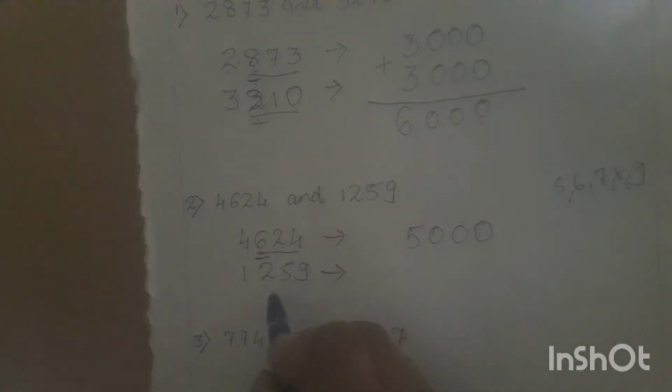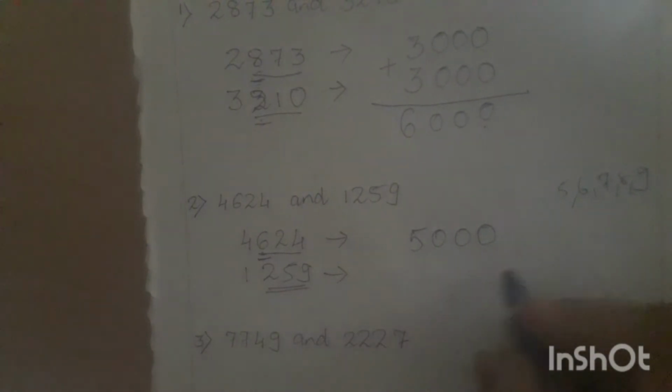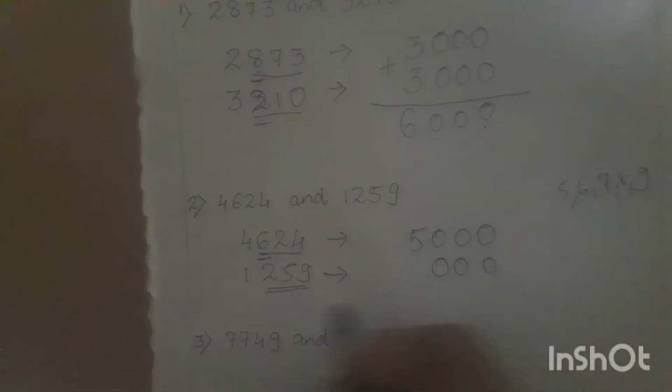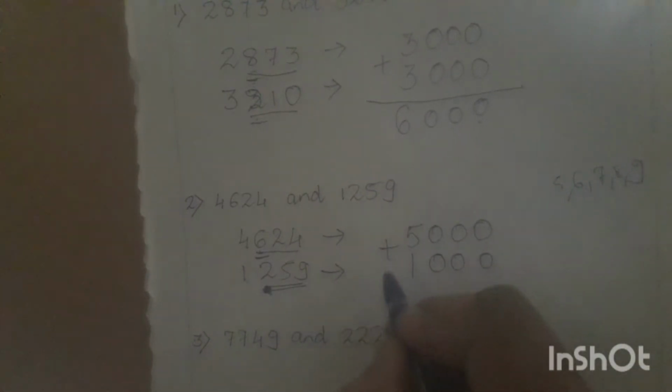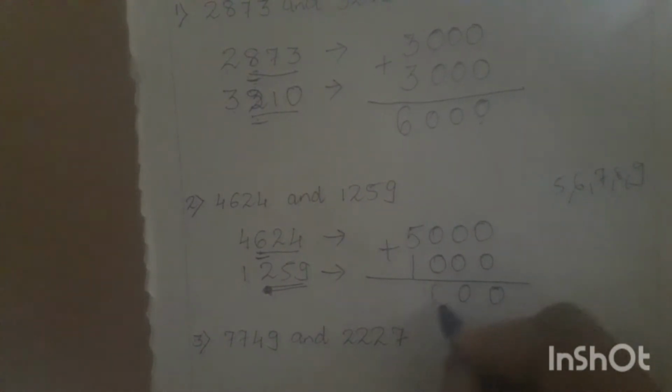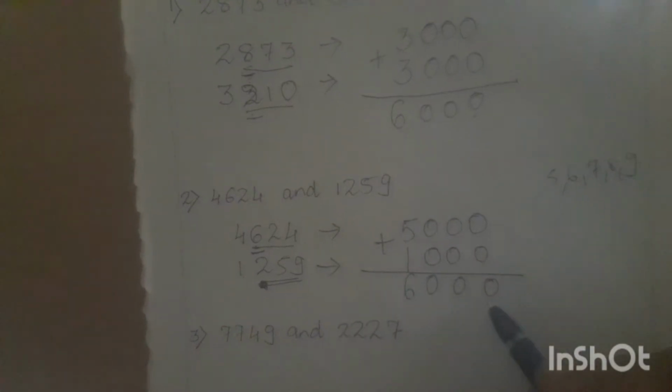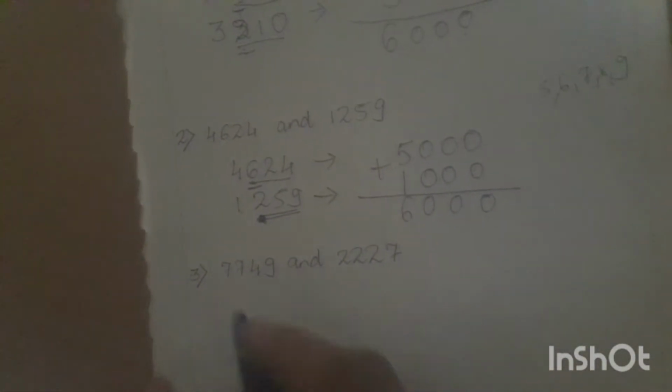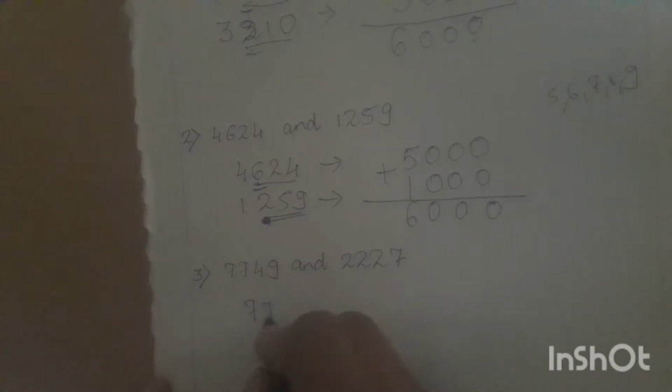Right? And now for the second number, that is 3 zeros and the digit at the higher place is 2. Condition is not satisfied, so 1 remains as it is, and now you have to add them up. So what is the answer? That is 6000. Okay, see the next question given here, that is 7749 and 2227.